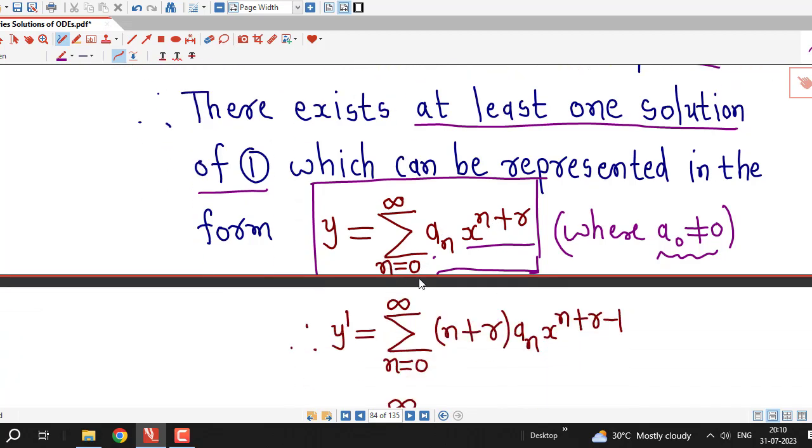The index will be as it is, n equal to 0 to infinity, and y double dash is sigma n equal to 0 to infinity n plus r an as it is.